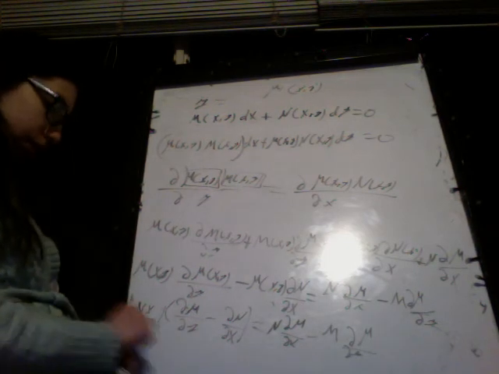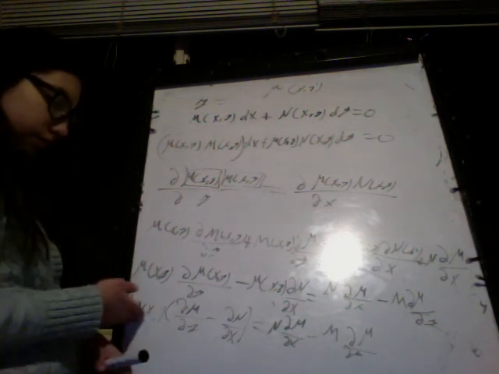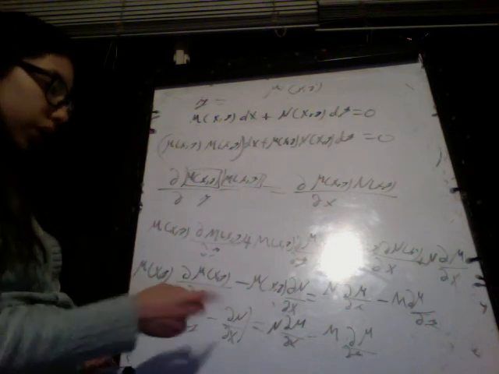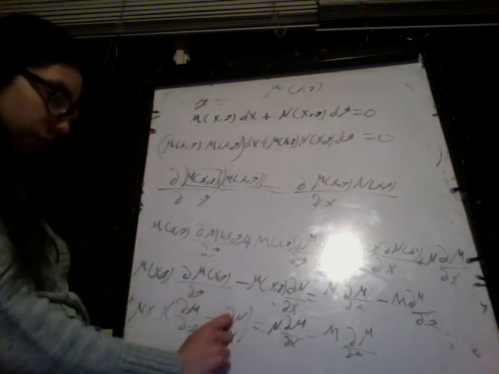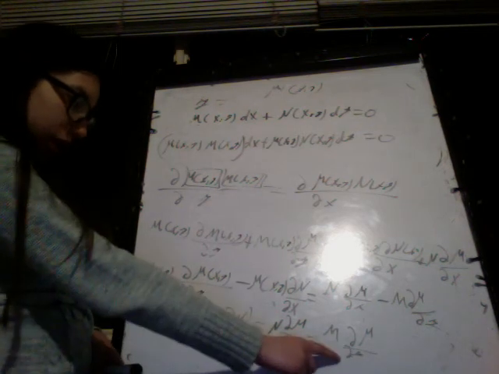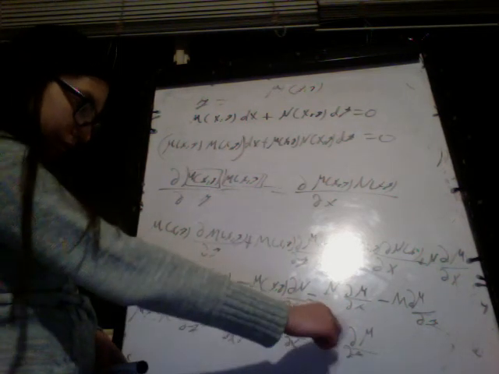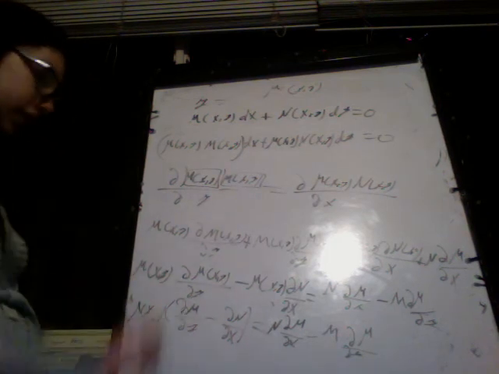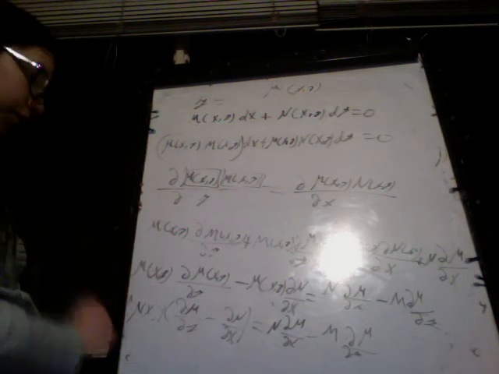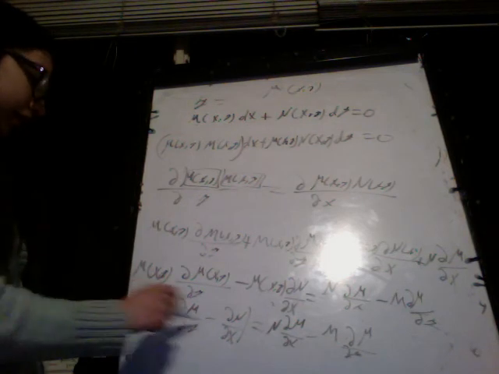You leave this like this, the mu of x, but when you take the partial derivative of mu with respect to y, this would be 0. Actually, I forgot to do a previous step, that was leave this alone.